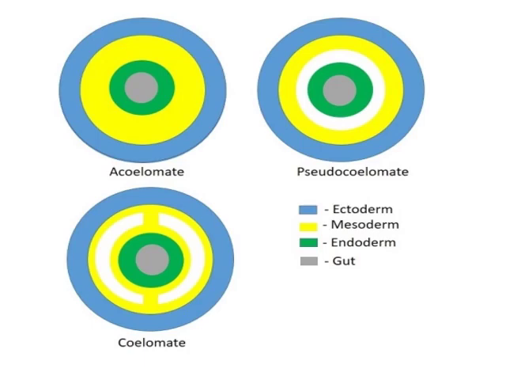So in pseudocoelomates there is a cavity, in coelomates there is a cavity, and in acoelomates there is no cavity. But in pseudocoelomates the cavity is lined by mesoderm from one side, and in coelomates the coelom is lined by mesoderm on both sides.